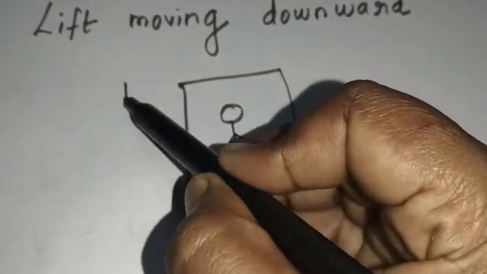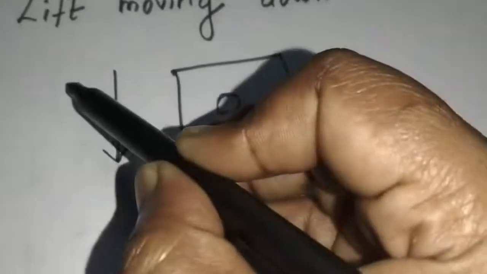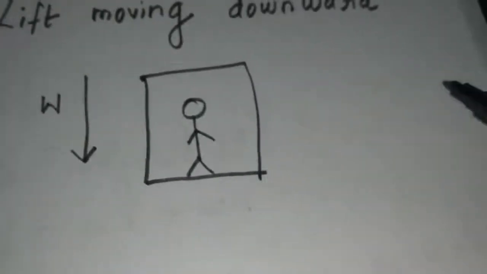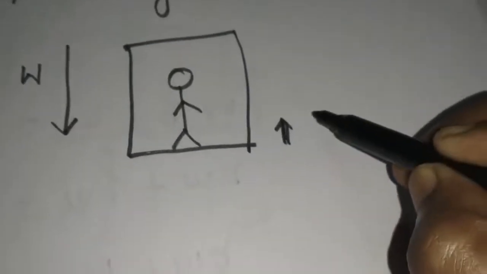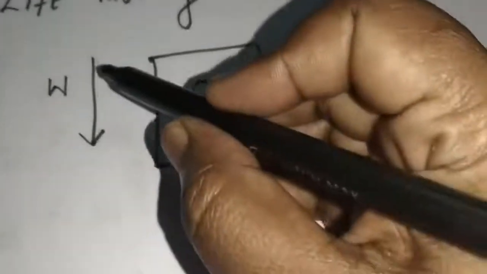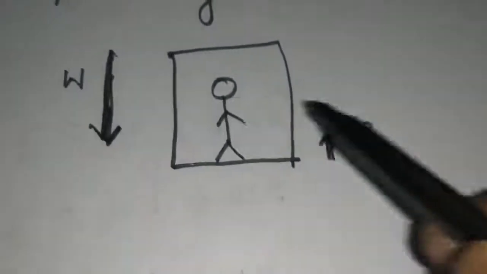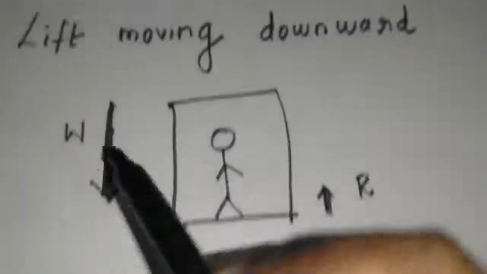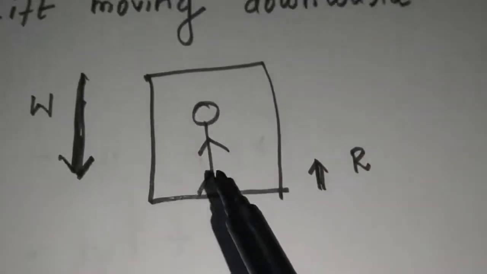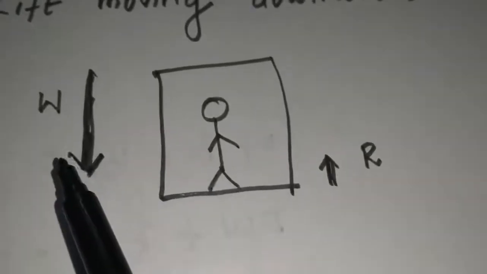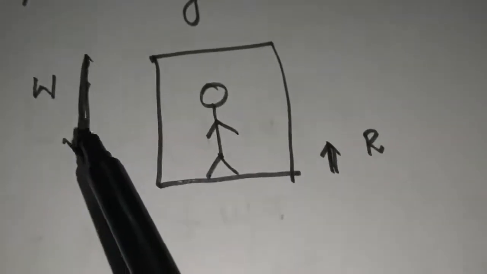This is the arrow mark which indicates the weight of the person W, and the upward arrow mark is meant for apparent weight R. So long arrow mark, actual weight is greater than the apparent weight R. So when the lift is moving downward, the person will feel underweight. This is mentioned here: W, actual weight, is greater than the apparent weight R.